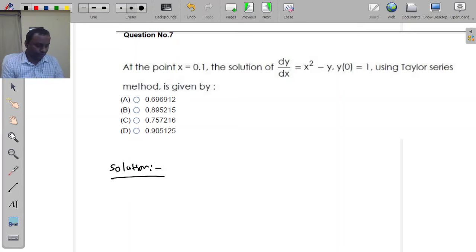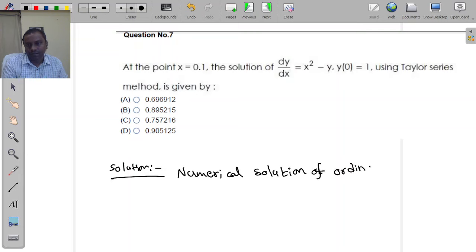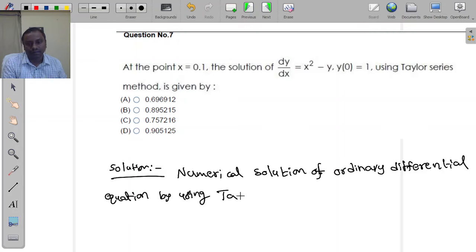This is a numerical solution of an ordinary differential equation by using the Taylor series method.